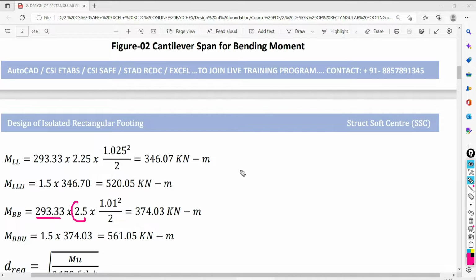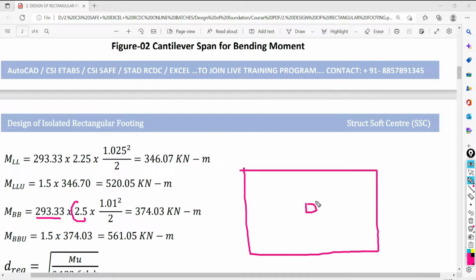Now try to understand again. Suppose this is your footing and this is your column, and we need to calculate the moment at the face of the column along the width of the footing. So here, this cantilever portion is what? 1.05. So the upward soil pressure will be the same, multiplied by 2.5.